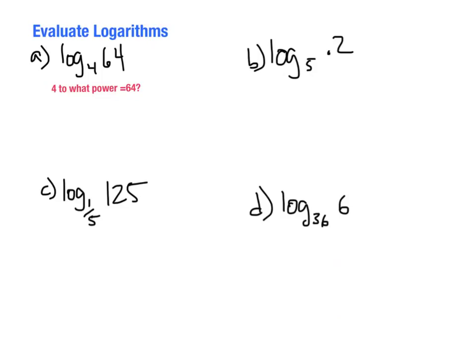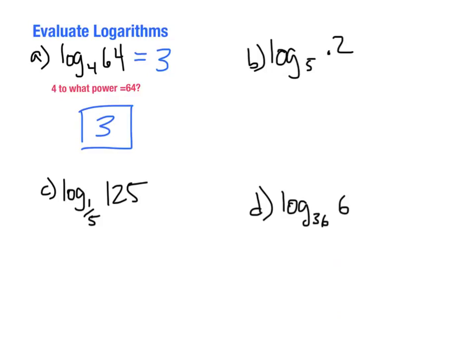So log base 4 of 64, and you should practice saying that, is the same thing as 3, because 4 to the third power equals 64. They just don't have equal signs. You could set these equal to x and solve for x if you wanted to.